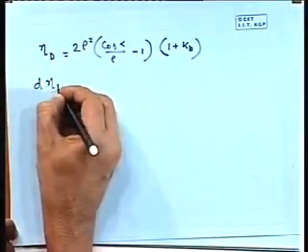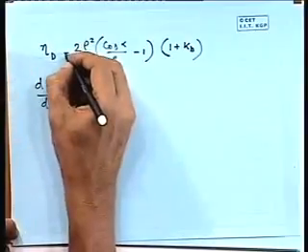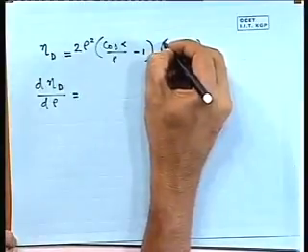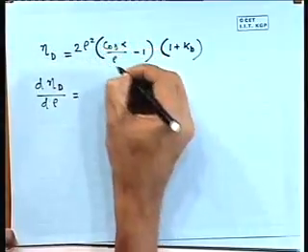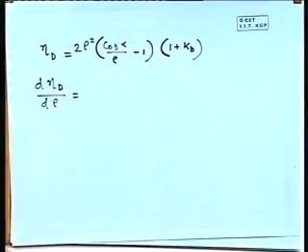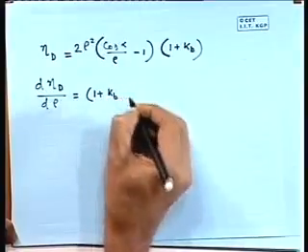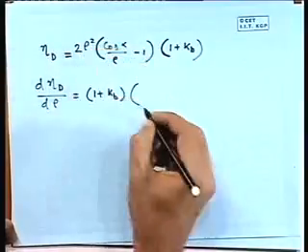D eta d by d rho, how much will be this quantity? So, if we break it, 1 plus kb, that is a constant term, then rho will cancel.